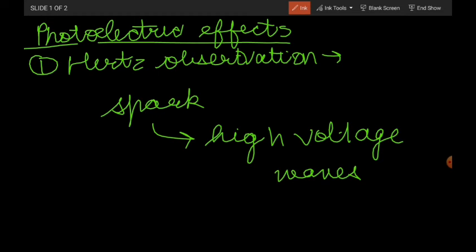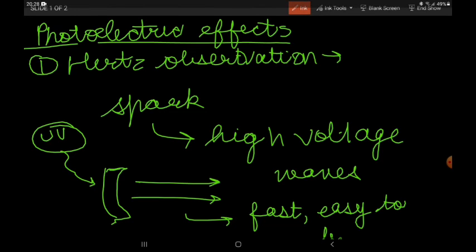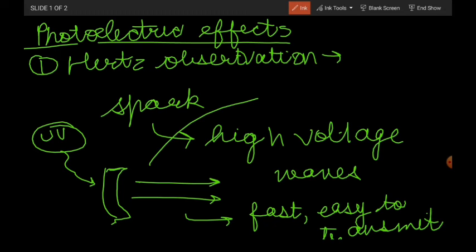On the other hand, when the same detector loop's cathode was illuminated by UV light, the spark loops produced were faster and easier to transmit, because the sparks were going on at a much higher rate due to the emission of electrons. As we passed the UV rays to this metal surface, the detector loop's cathode, the cathode emitted electrons, and these electrons enhanced the high voltage spark.